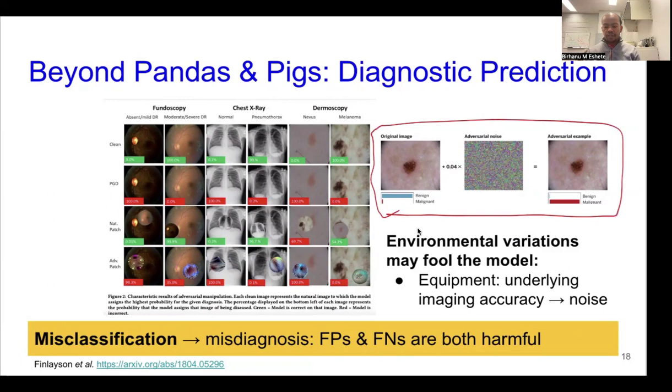As you can see, the blue bar here is larger. But with the kind of perturbation I showed you earlier for the funny images, it now flipped into malignant, which implies misdiagnosis. And misdiagnosis, whether it is a false positive or a false negative, is going to be harmful anyway. So this has safety or security implications, as you can see.